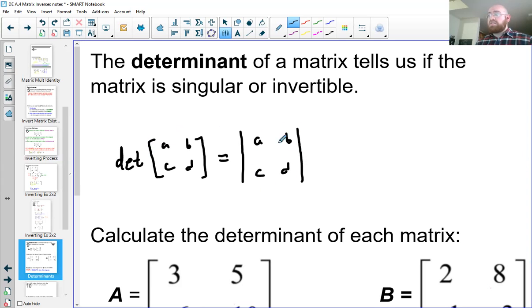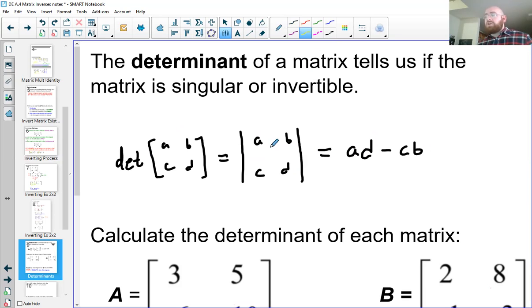So this is a shorthand to say we're going to calculate the determinant. And so the determinant is going to be equal to A times D minus C times B.